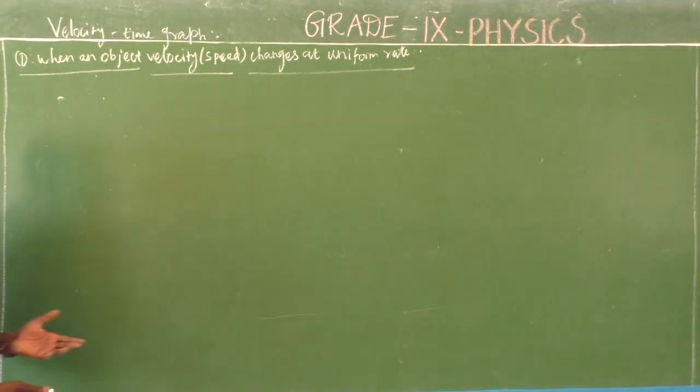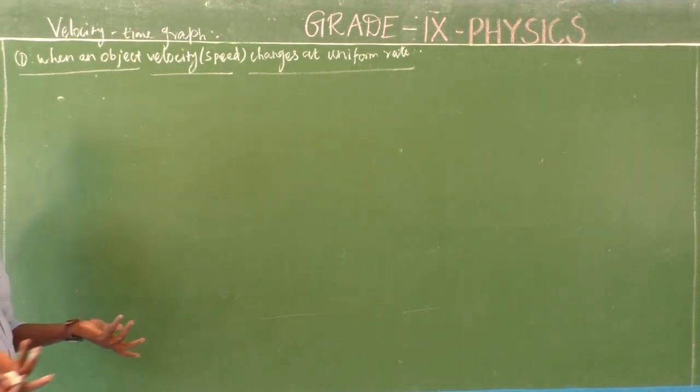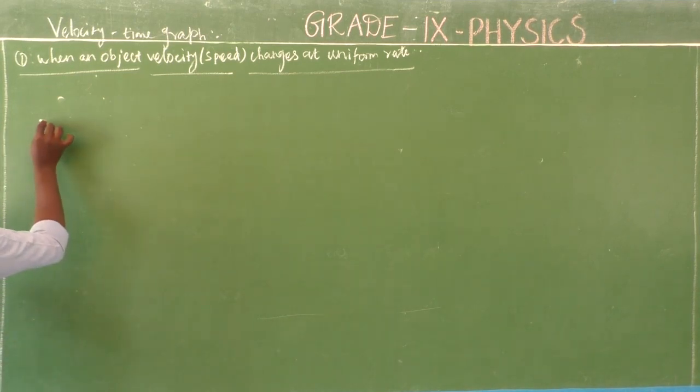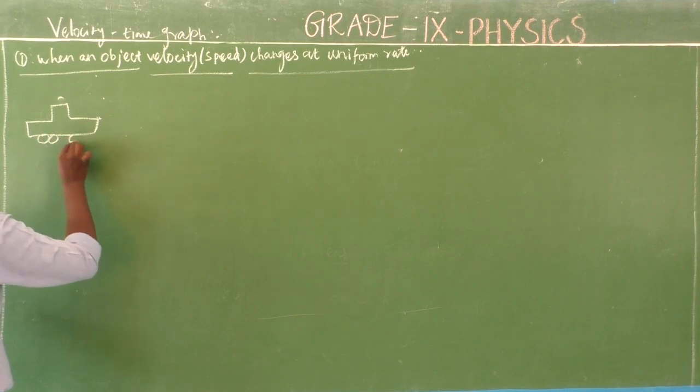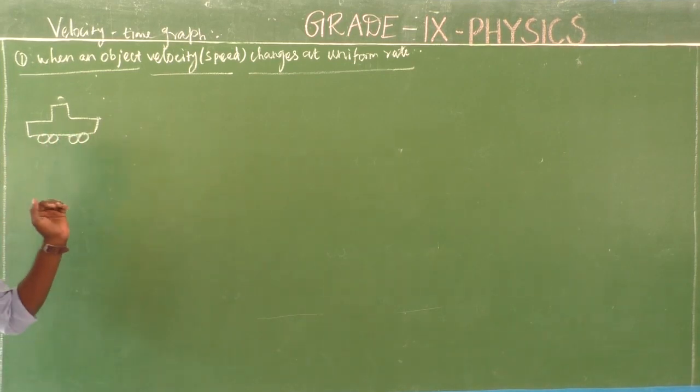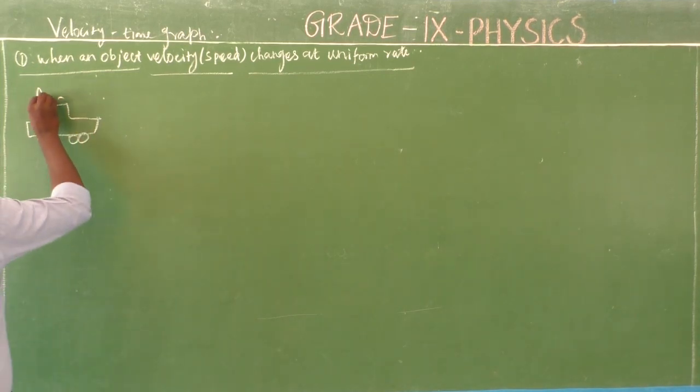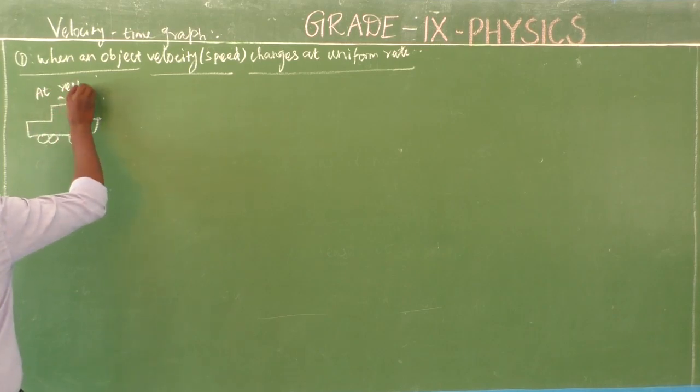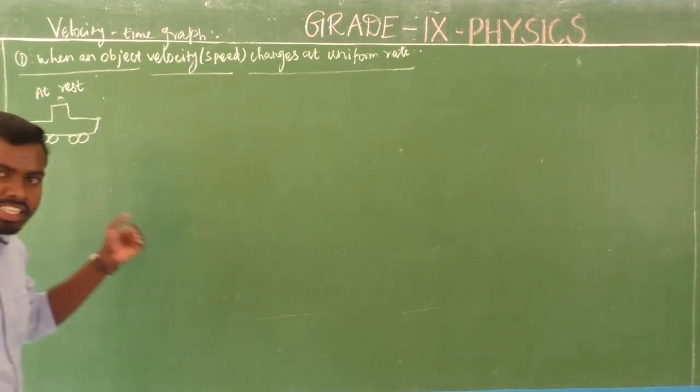As usual, consider the object, which means a car. Initially the car is at rest. So what is the initial velocity of the car?